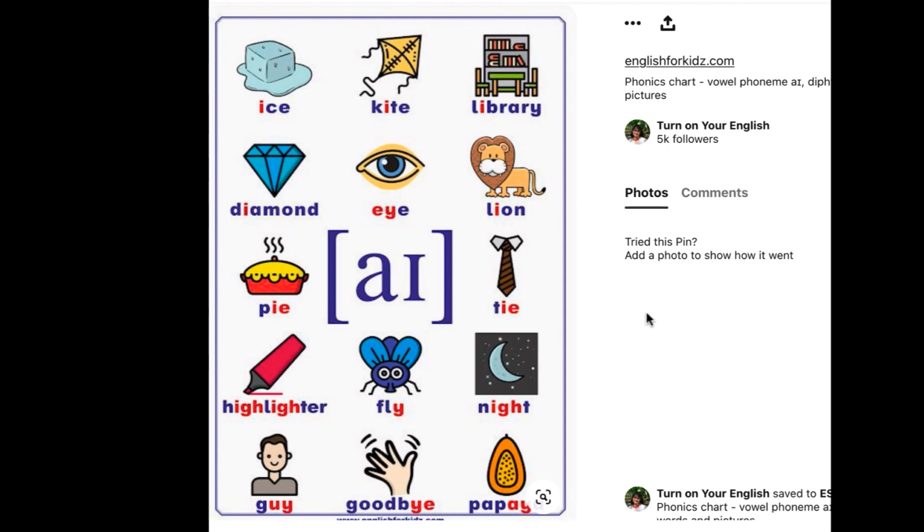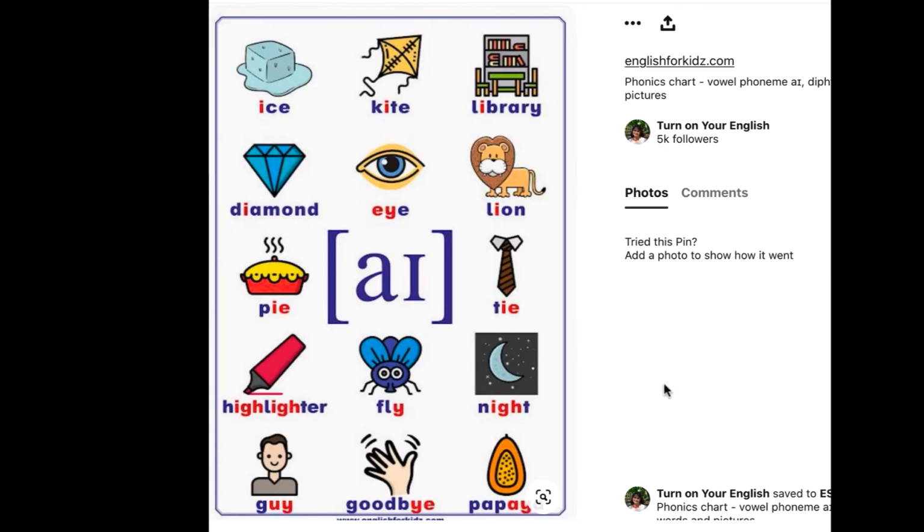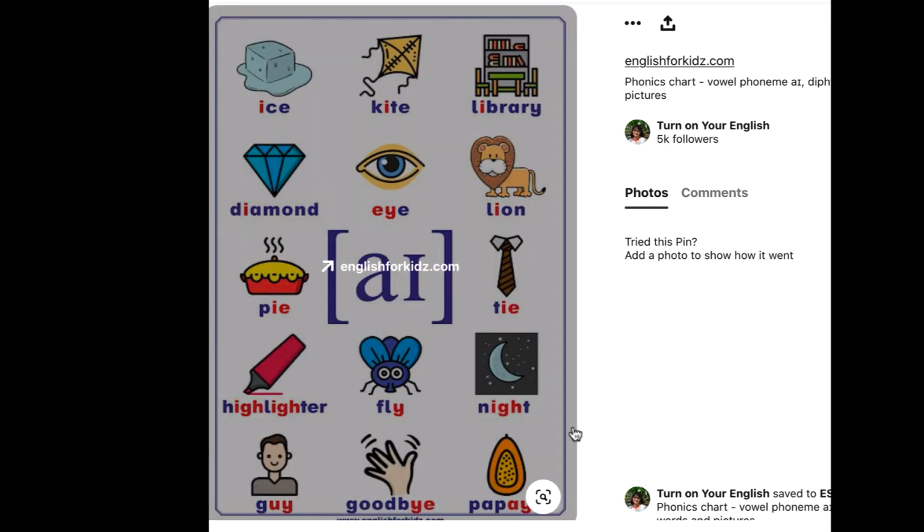So the EYE combination can give us the I sound, and the letter I can give us the I sound. And if we come down here, the word tie, I-E, so the I-E can give us the I sound. And moving further down, I-G-H can give us the I sound, as in highlighter.